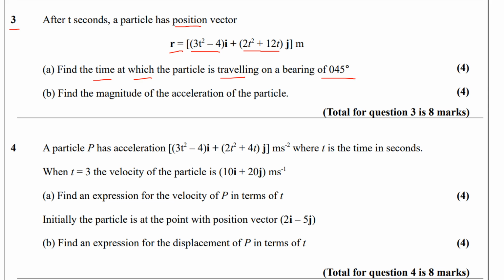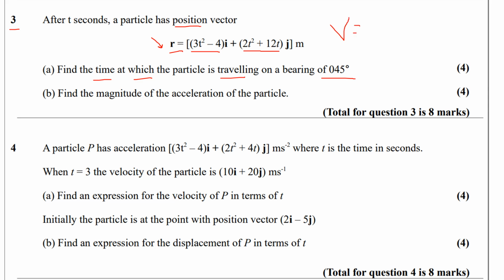So to work out the velocity, I'm going to differentiate the position vector, or the displacement in this case. Remember that r is equal to displacement. So differentiating this, what do I get? Well, v is equal to dr by dt.